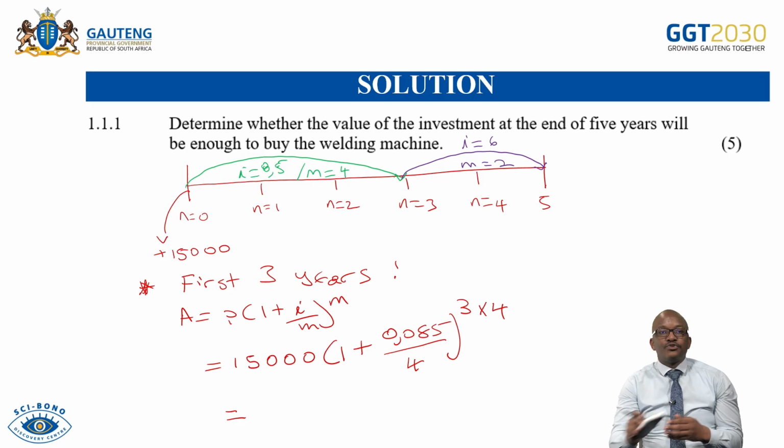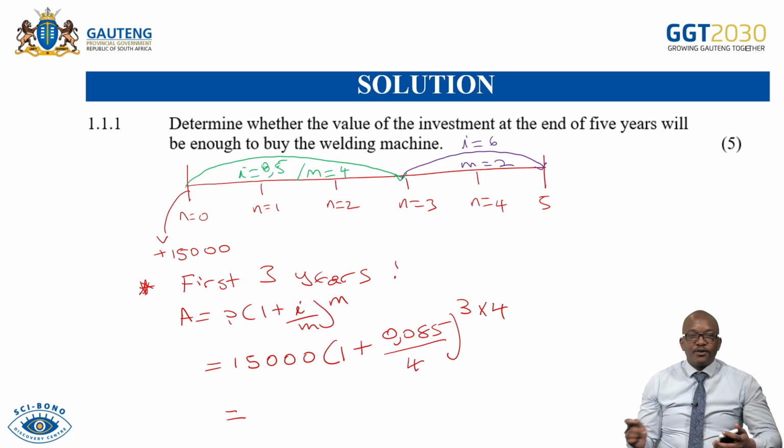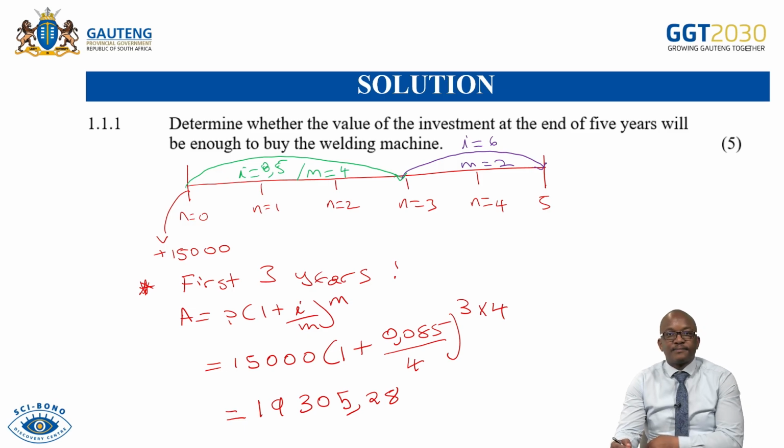So now we want to know what is our amount there. If you say 15,000 into 1 plus 0.085 all over 4 to the power of 3 multiplied by 4. So the amount of money that you are going to get there is 19,305 rand, comma 28 cent.